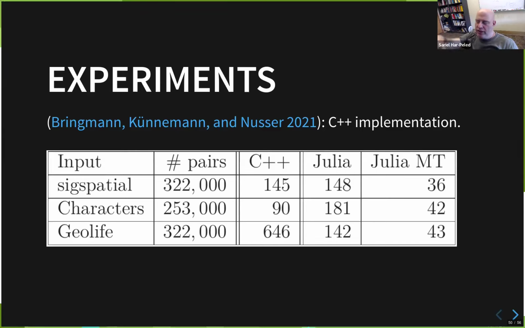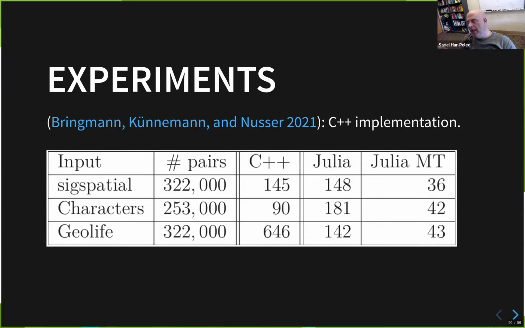It slightly loses for the SIGSPATIAL data. It's twice slower on the characters dataset, but for the GeoLife dataset, it's 4 times faster than the C++. The reason is that the GeoLife data is GPS tracks that are not simplified. So the fact that our algorithm uses simplification really pays off big time.